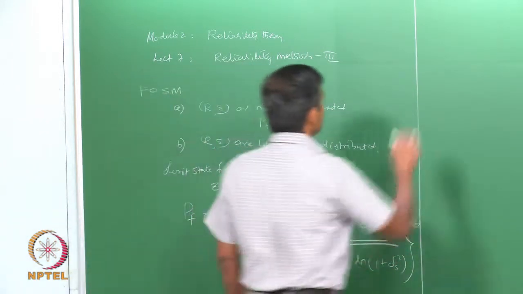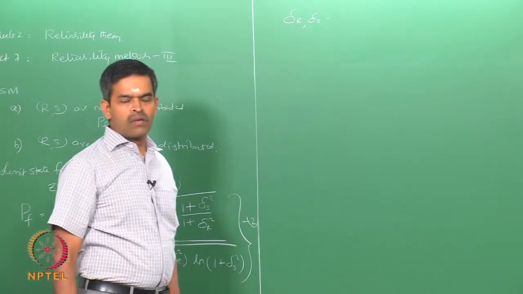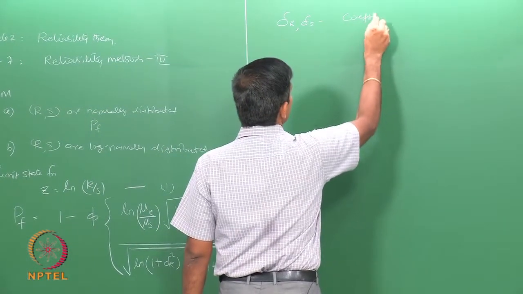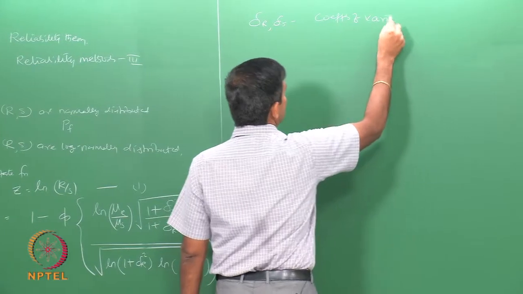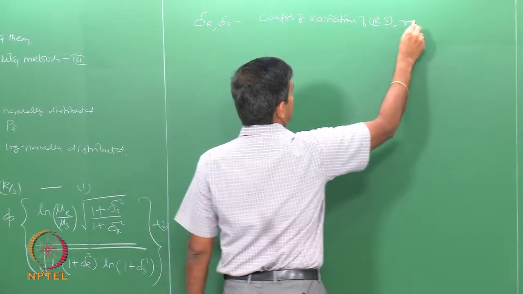Now, in this case delta R and delta S are the coefficients of variation of R and S respectively.